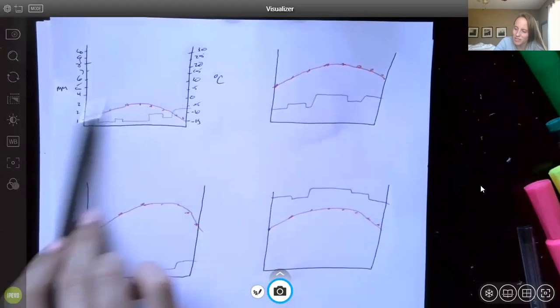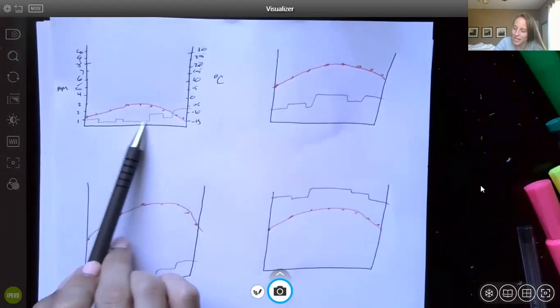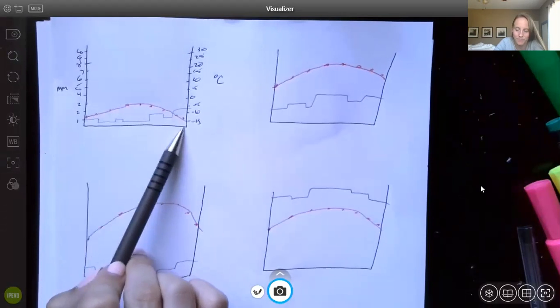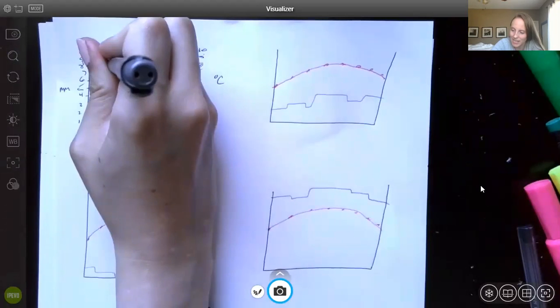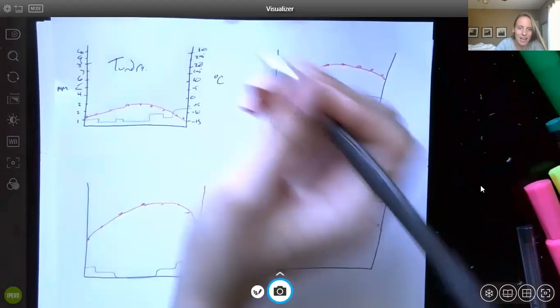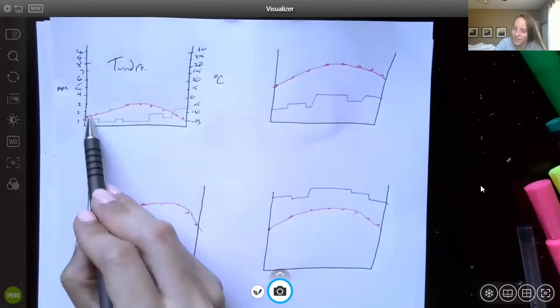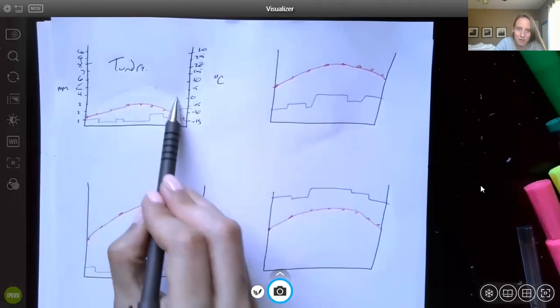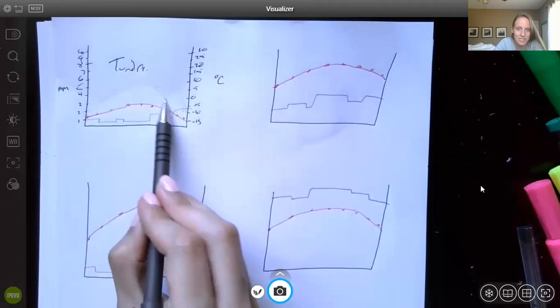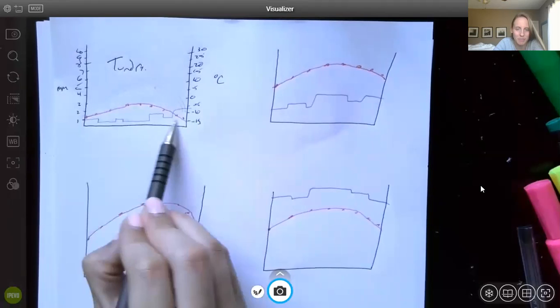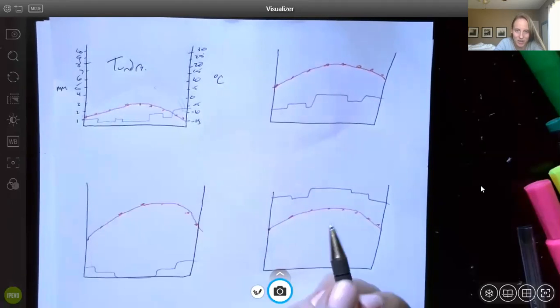Now, in this first climatograph, my precipitation is very low, as is my temperature, which makes this a tundra. The temperature doesn't necessarily have to be this low. It could peak even higher than this in the summer, but very low temperatures, especially in the winter months, and low precipitation is a tundra.